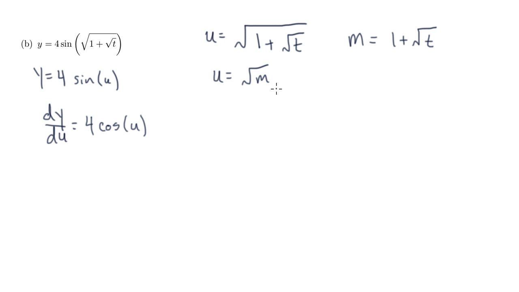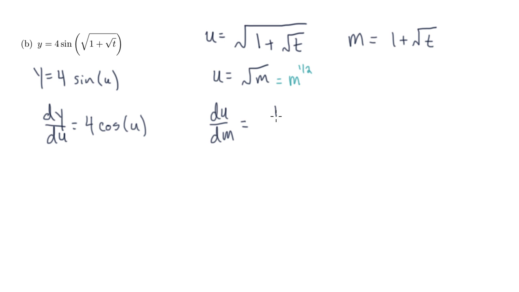So if u is square root of m, then what we have next is du/dm. What is that going to be? Well, recall that square root of m is m to the 1/2. So we're going to bring down a 1/2 and be left with m to the minus 1/2.